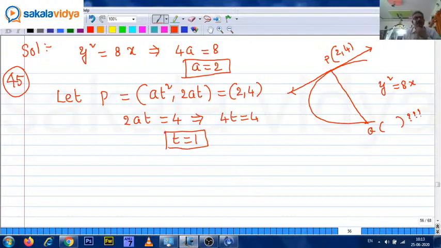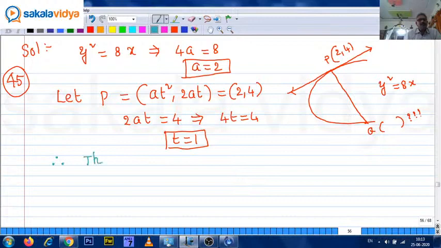We have one important condition you have studied in the board examination. The normal to the parabola at t meets the parabola again at t1. Then t1 is given in terms of t, for example at t1, t2. Now I will write that note also. This is very important.